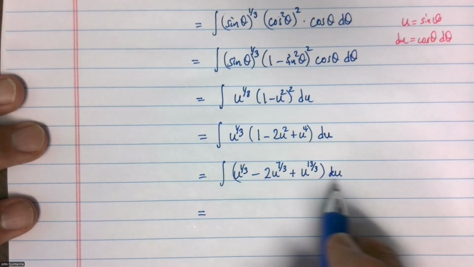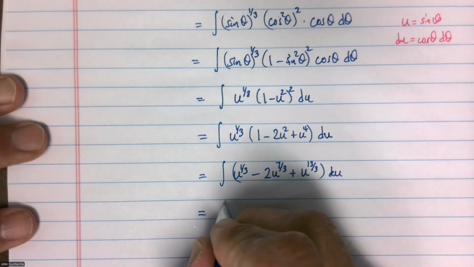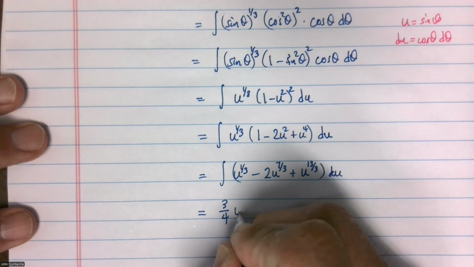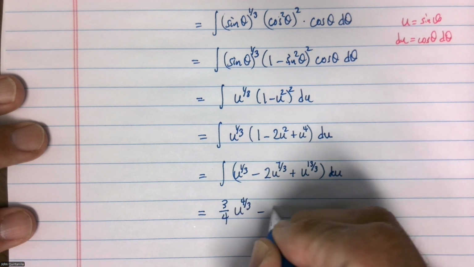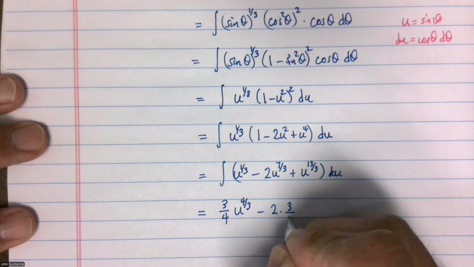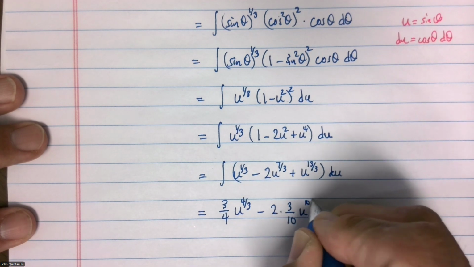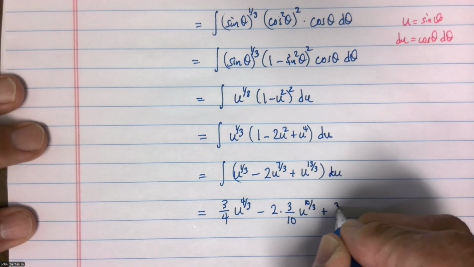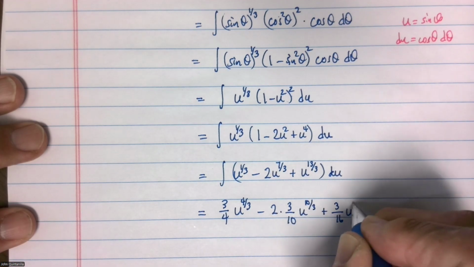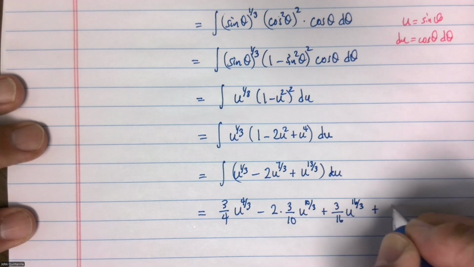Now this becomes a fairly straightforward integral to get. So we get 3/4 u to the 4/3 minus 2 times 3/10 u to the 10/3 plus 3/16 u to the 16/3 plus c.